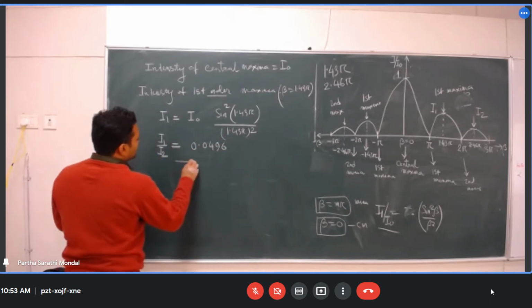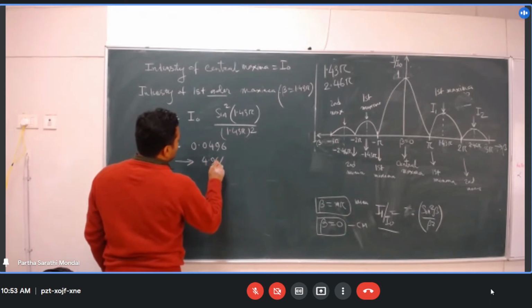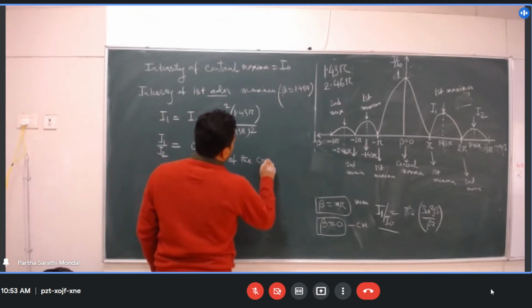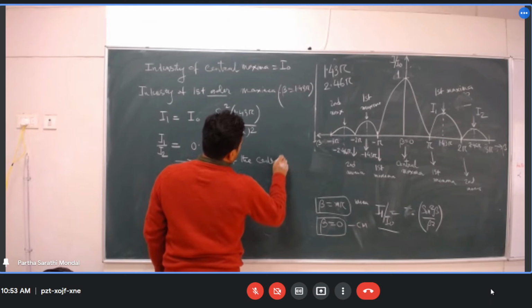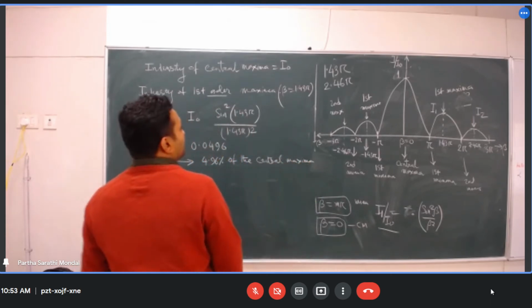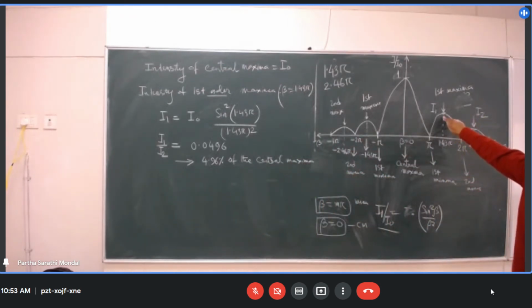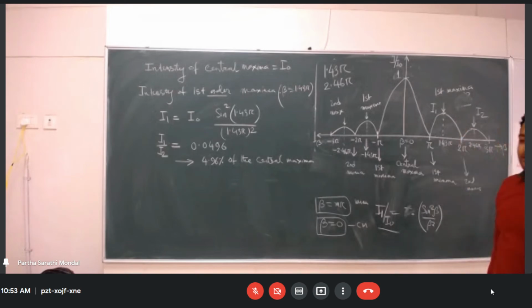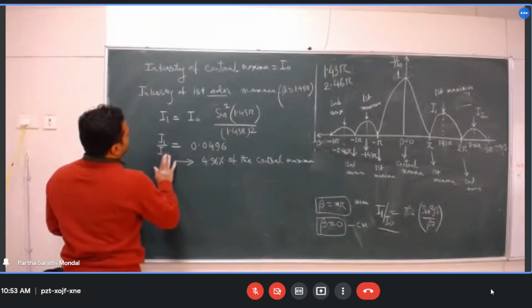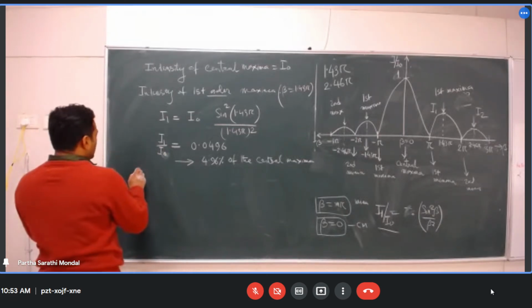That means 4.96% of the central maximum. See how small it is: if this is 100%, it reduces to 4.96%. That is I1 by I0. Similarly, you can also find the second order maxima.